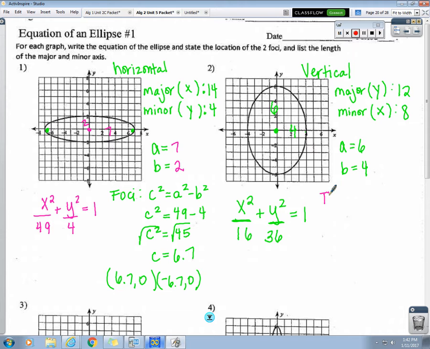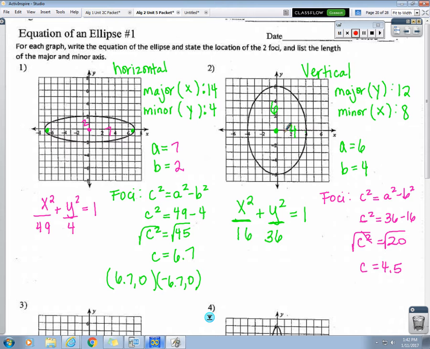Okay, now for the foci. It's c squared equals a squared minus b squared. That will become c squared equals 36 minus 16, which will become 20. And so when you square root both sides to solve for c, you get about 4.5.